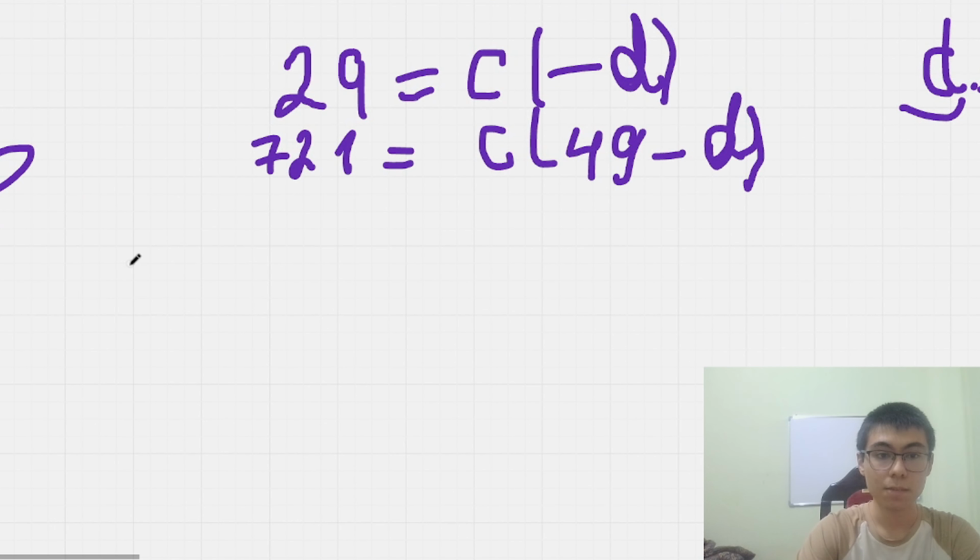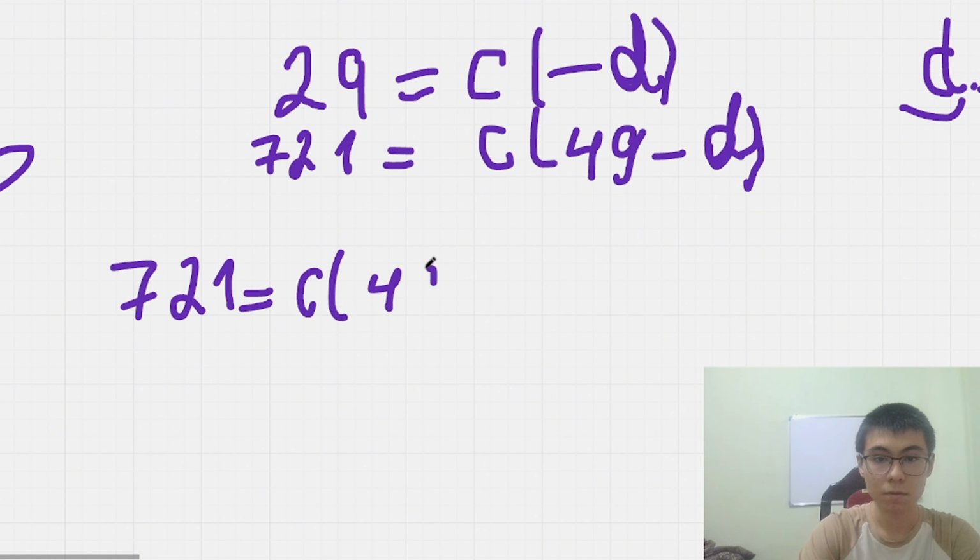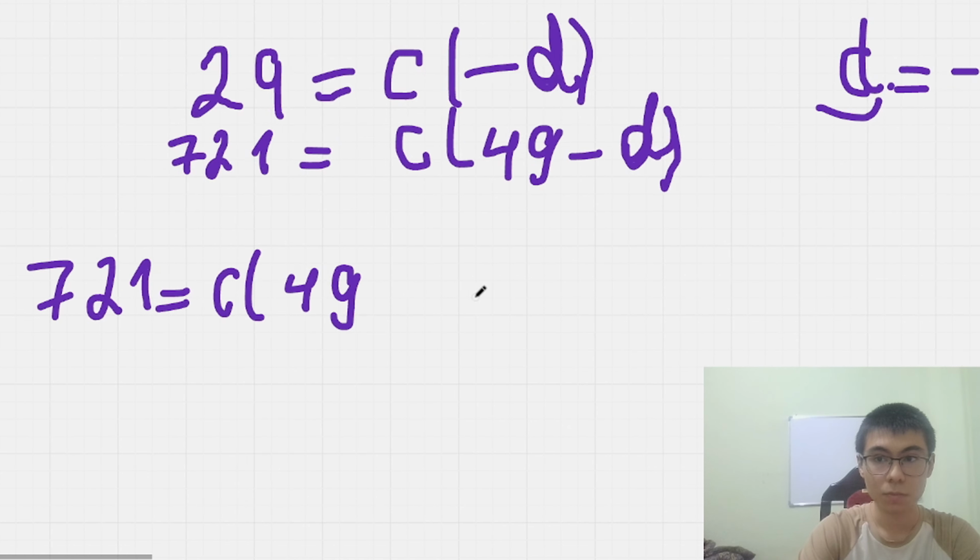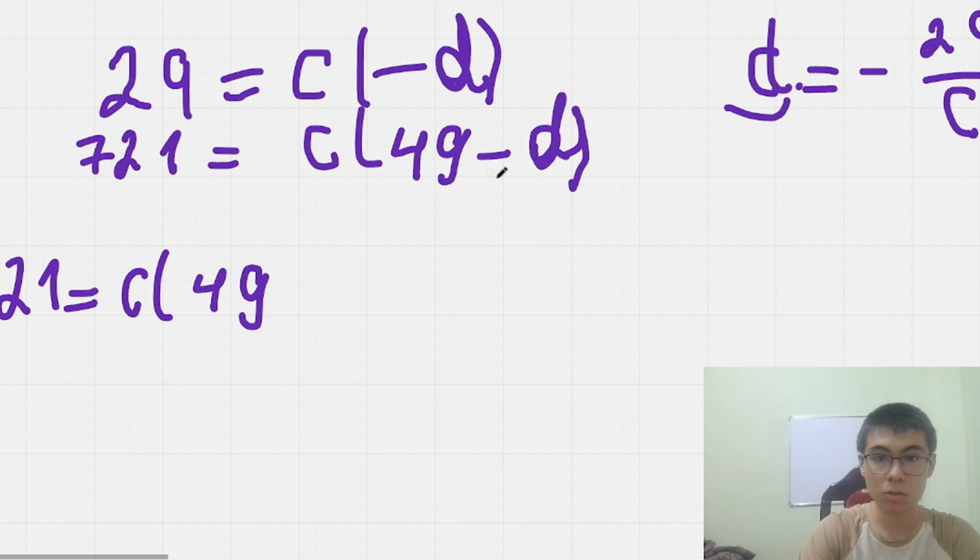So let's do that. 721 equals C times 49. Two negatives equal a positive, so plus 29 divided by C.